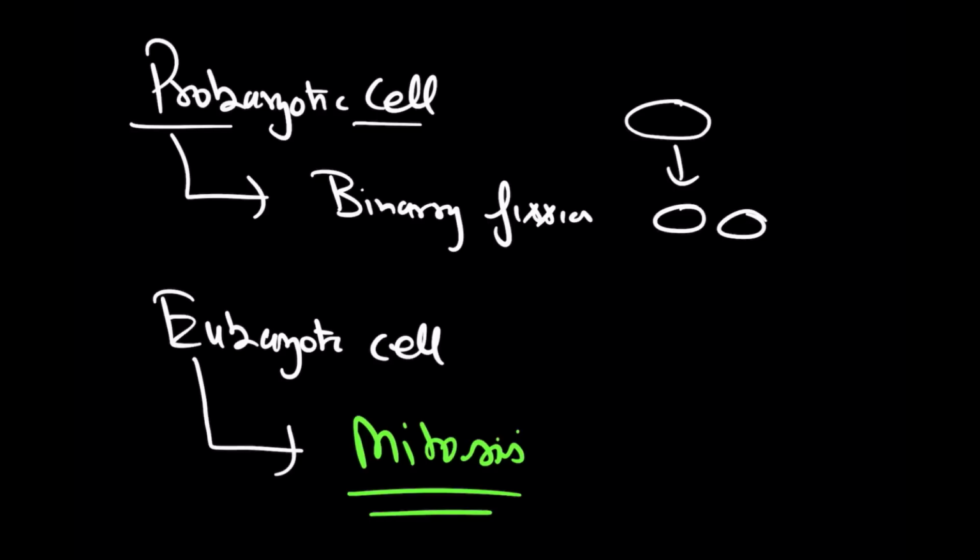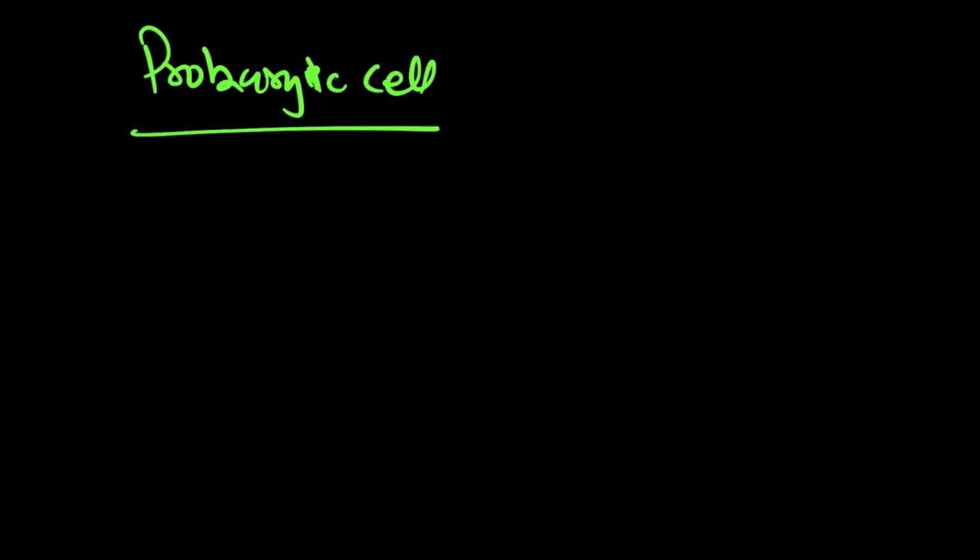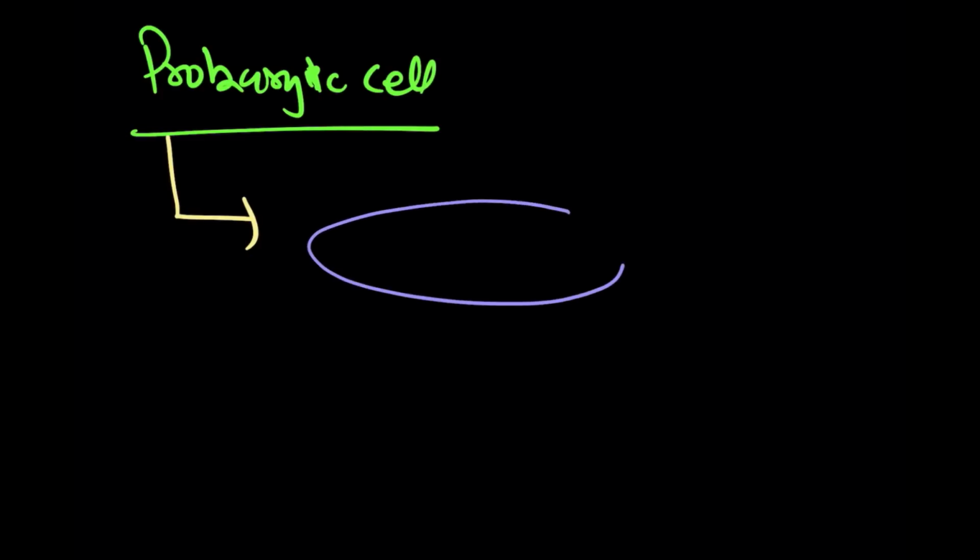Now another important difference. In the case of a prokaryotic cell, this is the cell, and here the genetic material is present naked, in direct contact with the cytoplasm.